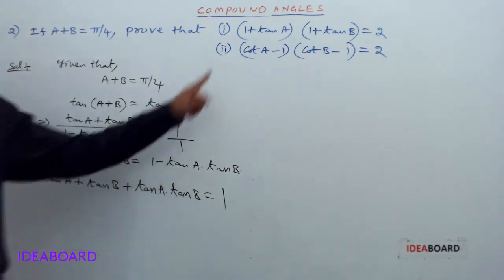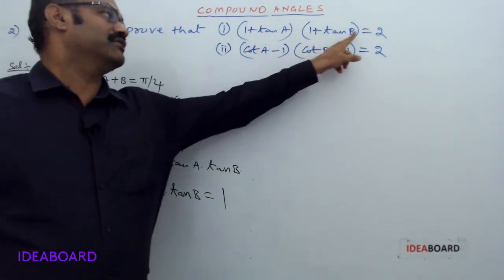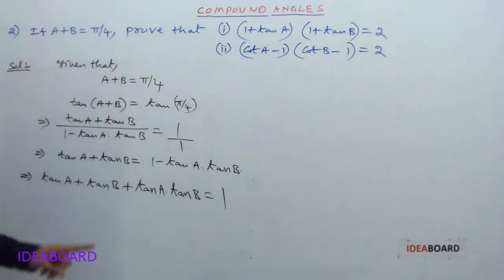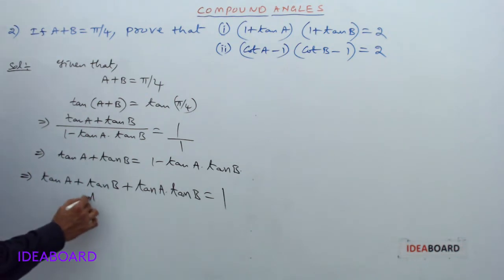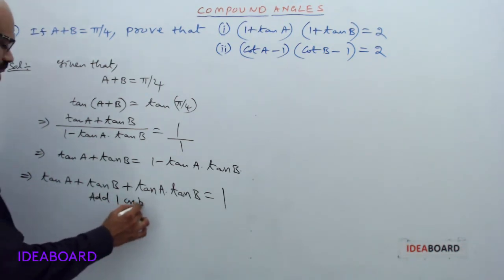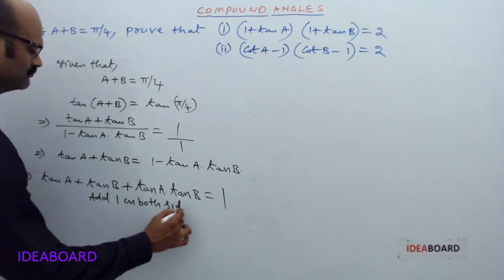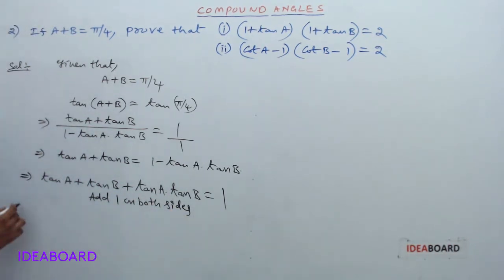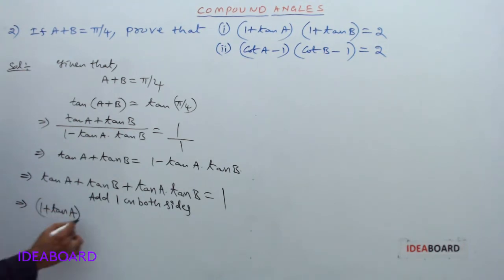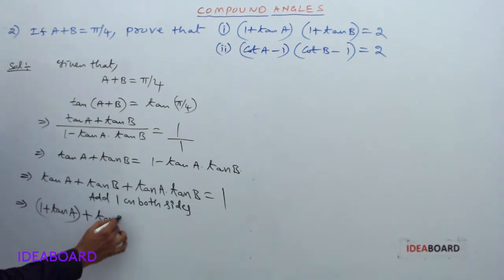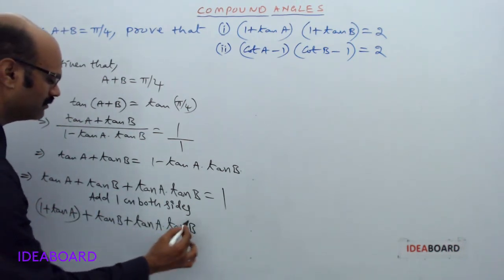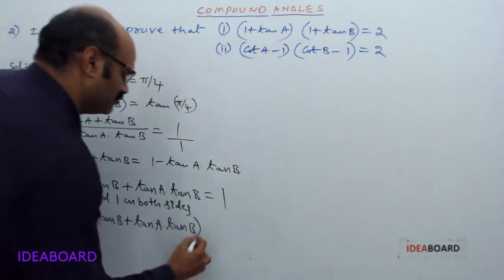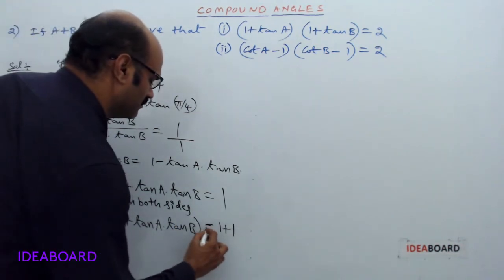Now we have to prove that 1 plus tan a into 1 plus tan b equal to 2. So for that we have to add 1 on both sides. So it implies 1 plus tan a plus tan b plus tan a into tan b equal to 1 plus 1.